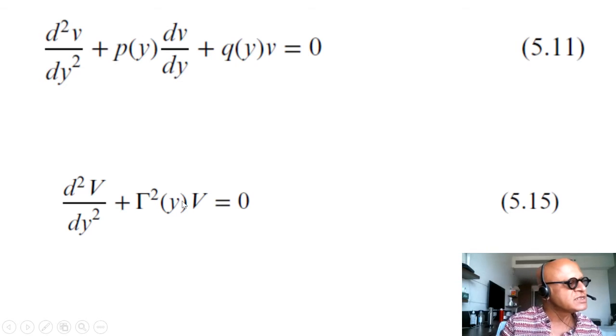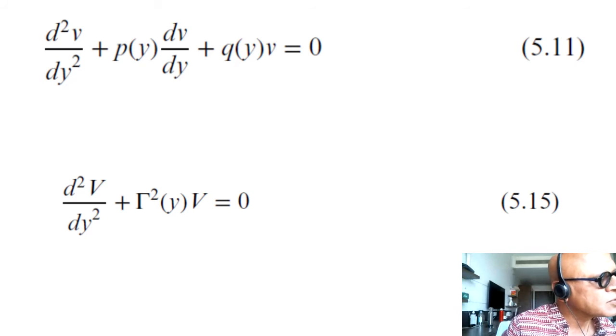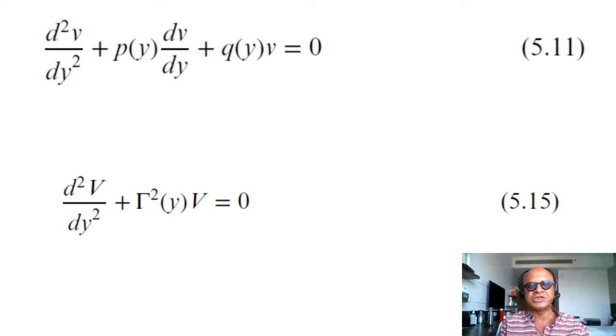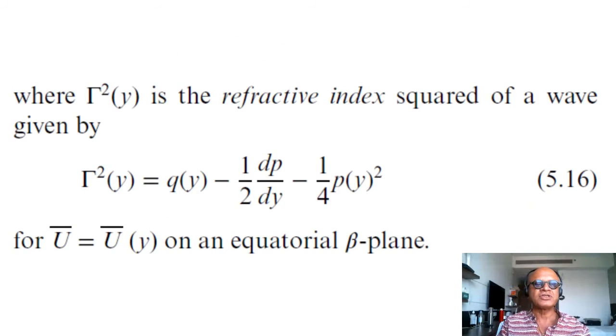Okay, so this is the harmonic oscillator that is essentially what we were after. So the refractive index squared of a wave is given by this Qy minus 1/2 dPy dy minus 1/4 Py squared, where Py is the complicated function we saw in terms of the mean background flow.